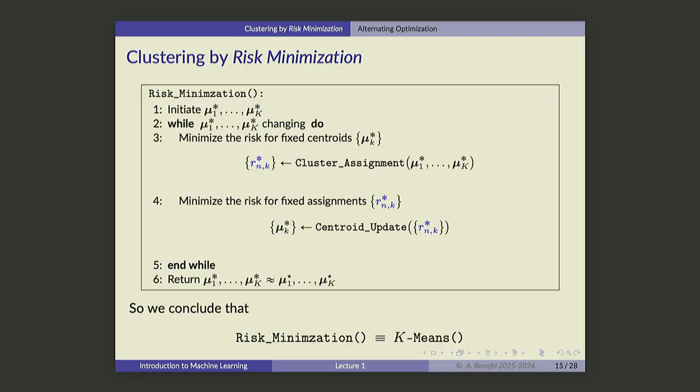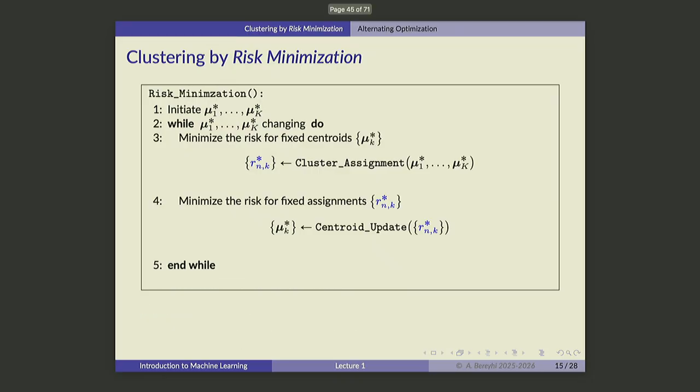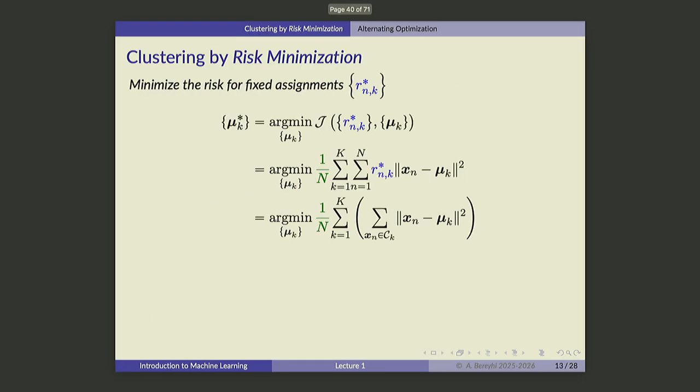This expression here is not a convex function in terms of all the variables, right? If I fix R, then this is a sum of quadratic terms, so it's convex. If I fix mu, it's just a linear program with a very nice linear constraint that you can again solve. But if you want to solve for both of them at the same time, it's not.